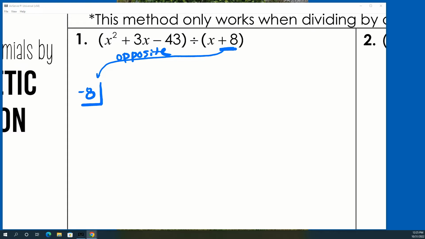All right, then to the right of the box, you're going to put the coefficients and the constant of what's in front of the division sign. So this x squared doesn't have a number. So what is that number? It's 1. So this is going to be 1, 3, -43.